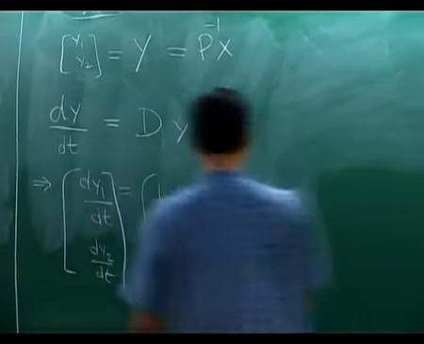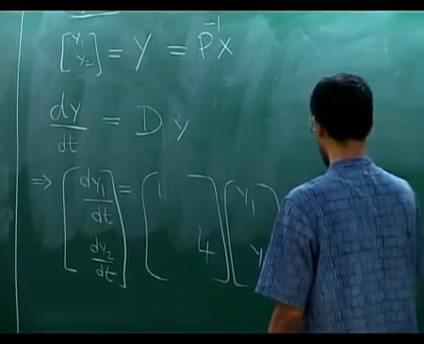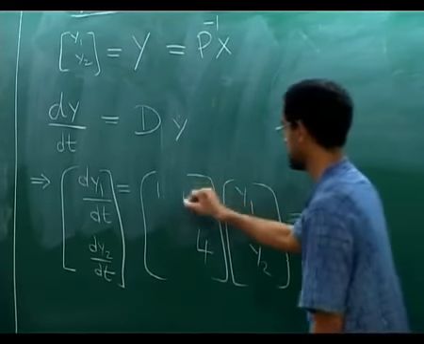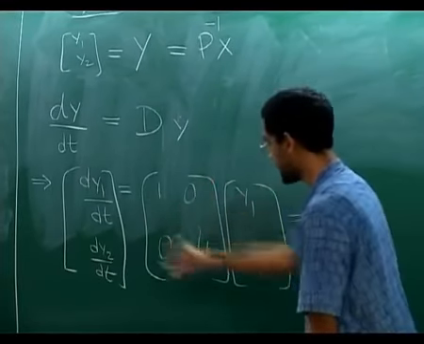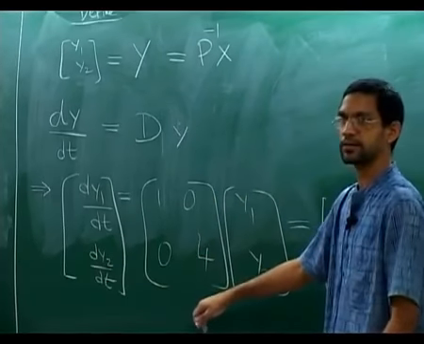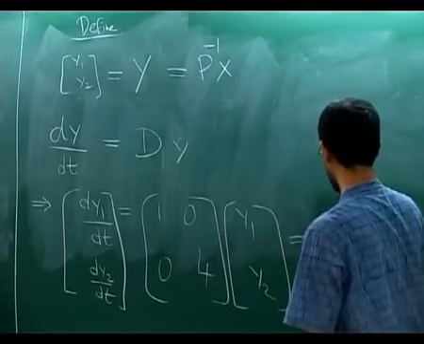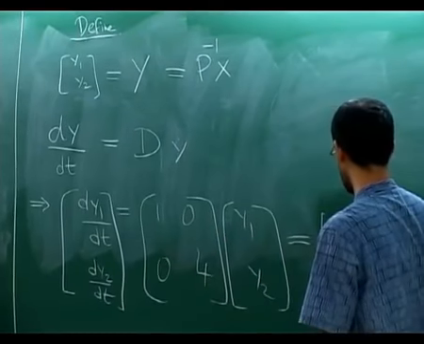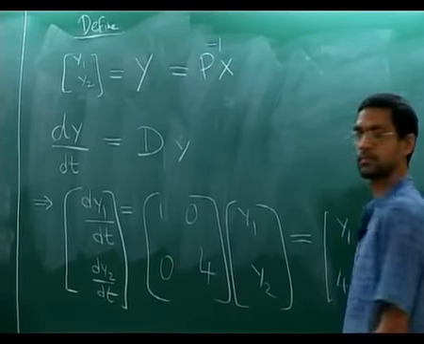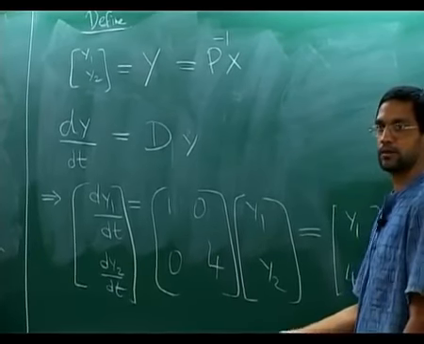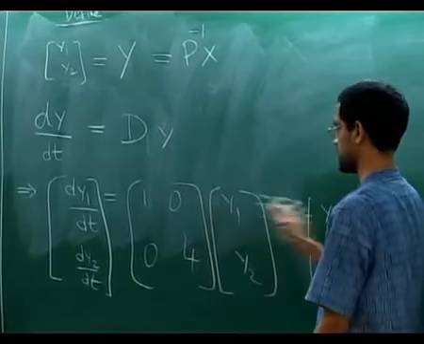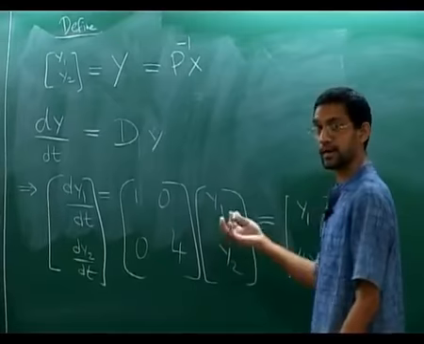So now let's see, the right hand side is what? This is a diagonal matrix. That's a very, very important thing here. Because you have diagonalized it, the first equation only involves y1. The second only involves y2. Correct? So now what is the resulting equation? It is two equations, but they are uncoupled.